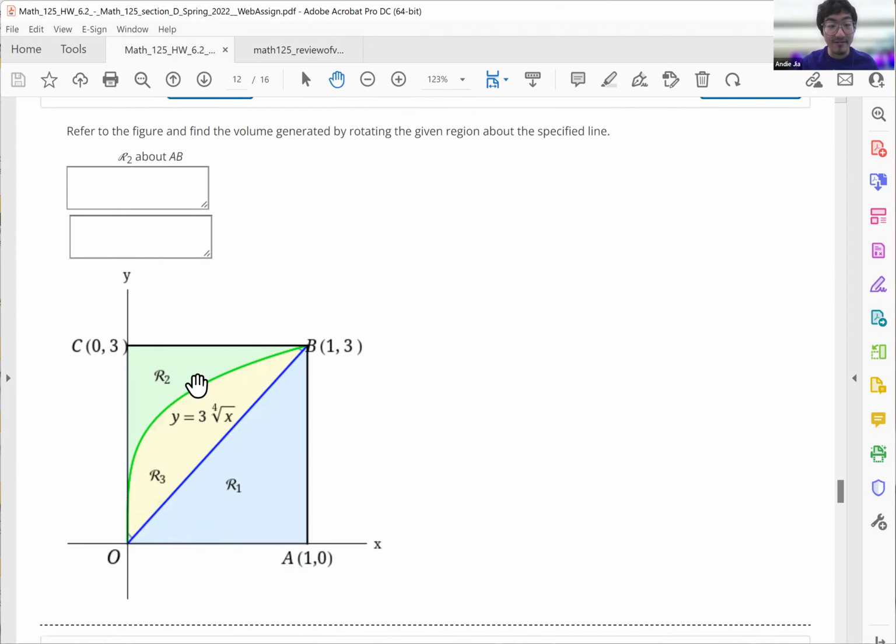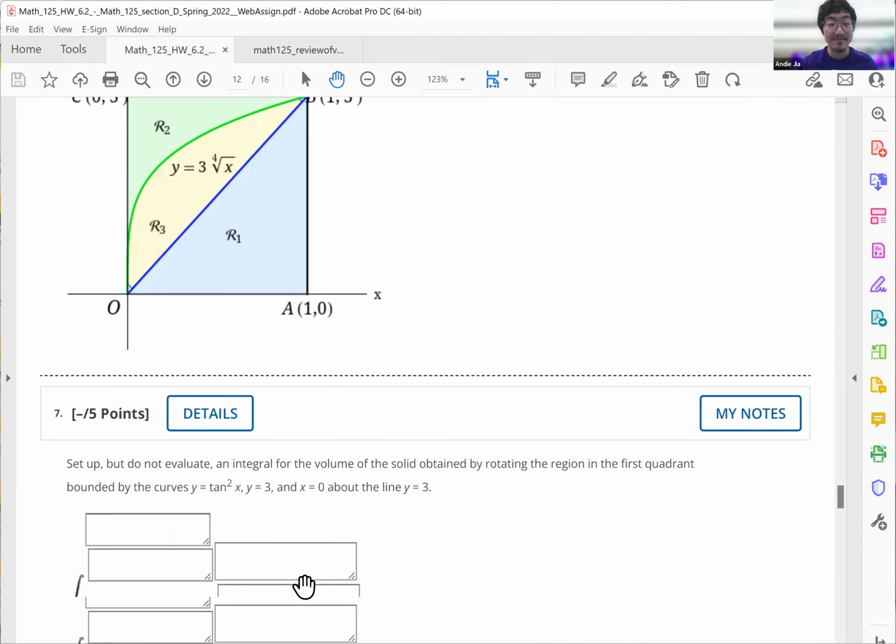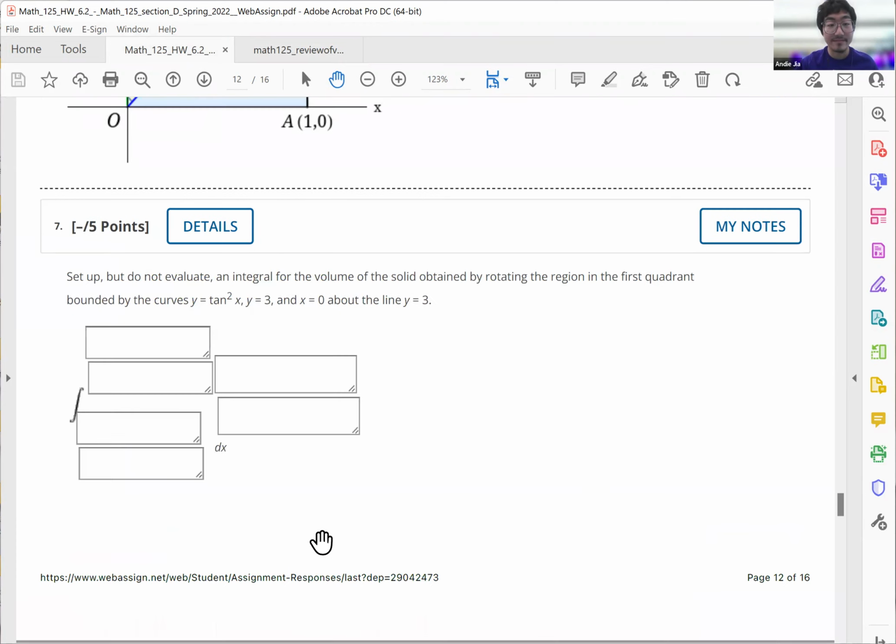Number 6 is R2 about AB. So this is top and bottom. This is the axis, for tan of x to 3, and 0 here is the line y equals 3. So this is the rotating axis, the y equals c axis.